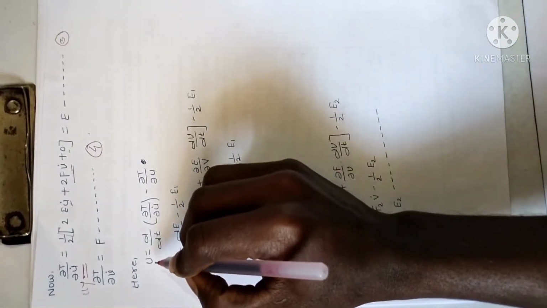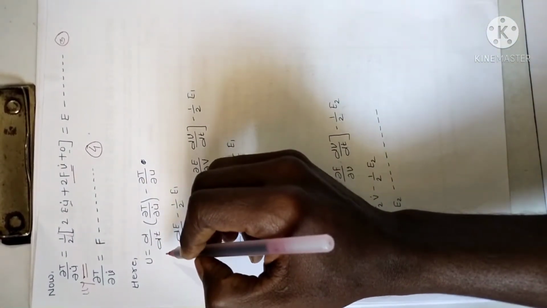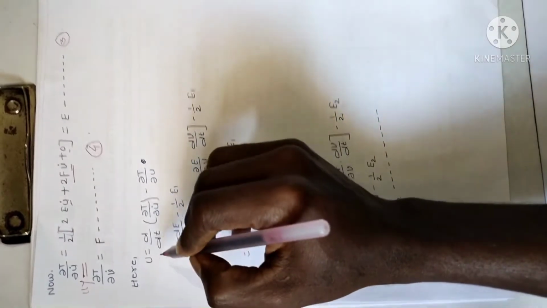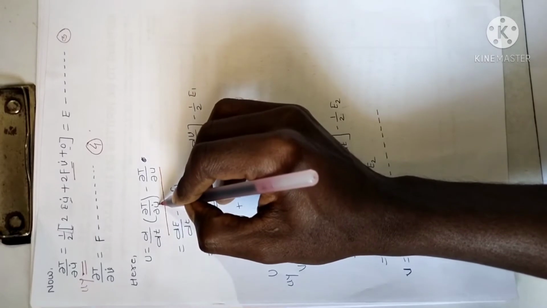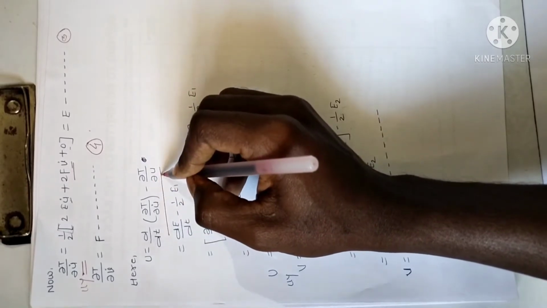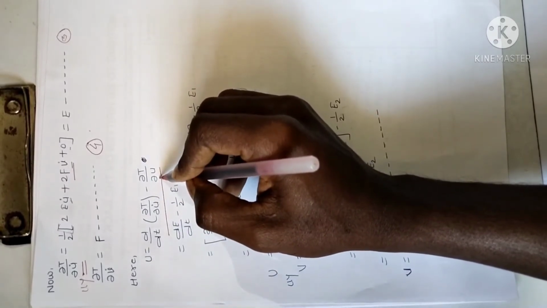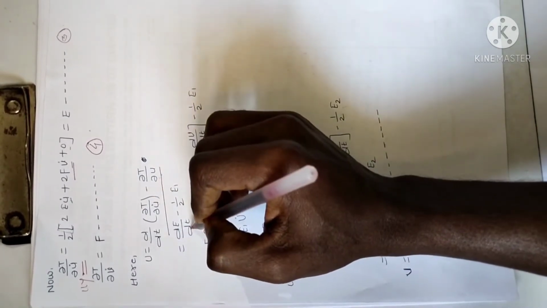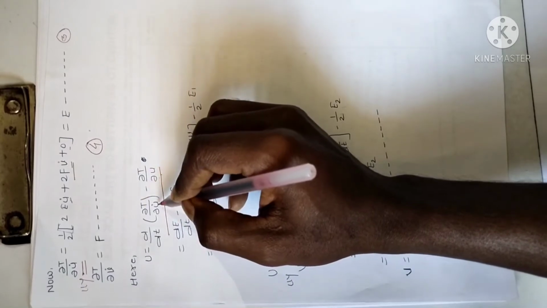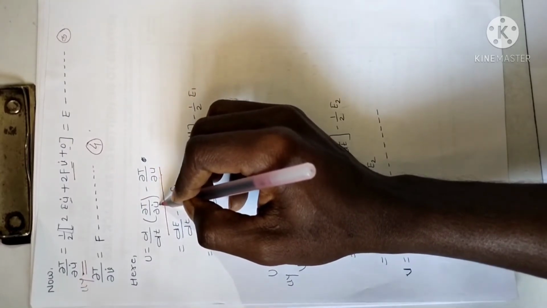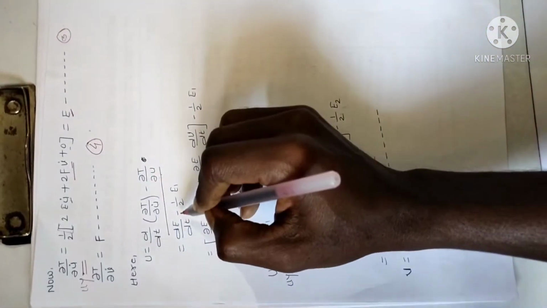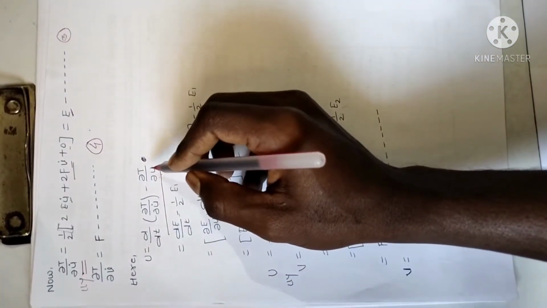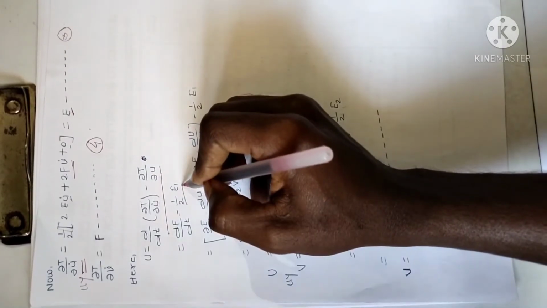Here the differential equation of geodesic is d/dt(∂T/∂u̇) - ∂T/∂u. In the last lecture I studied the differential equation of geodesic. So d/dt of the value of ∂T/∂u̇, which is capital E, minus the value of ∂T/∂u, which is half of E1.